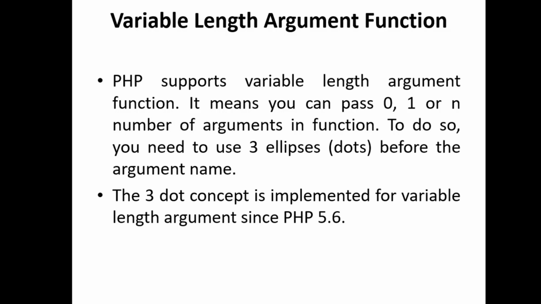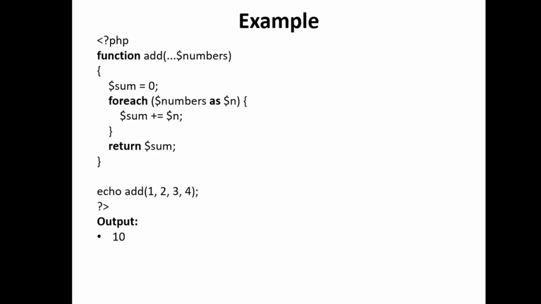The three dot concept is implemented for variable length arguments since PHP 5.6 and above. So since PHP version 5.6, till today, these three ellipses, known as the variable length argument function, are being implemented.